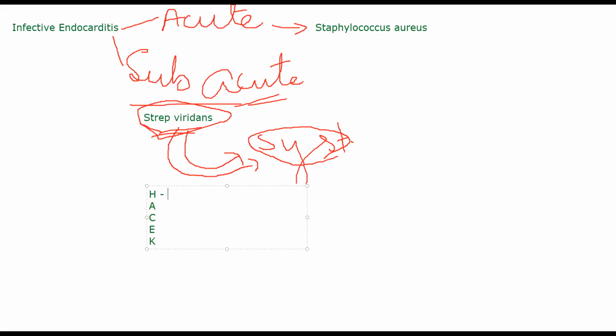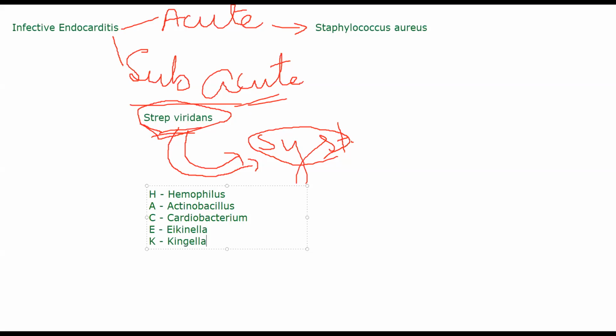These stand for Haemophilus, Actinobacillus, some people write Aggregatibacter also for this, Cardiobacterium, Eikenella, and Kingella.